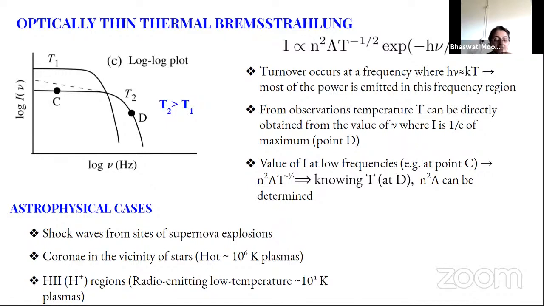And one can see examples of this bremsstrahlung also from coronae in the vicinity of stars. You know that stars have a very hot layer outside of them, a plasma which is heated to 10 to the 6th. It is also seen in somewhat more moderate plasmas, which are basically just ionized hydrogen regions, and these mostly emit in the radio wavelengths, and they are at temperatures of 10,000 Kelvin.